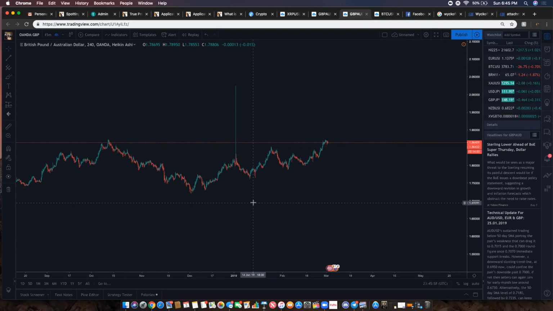And once you start identifying these zones, you're able to understand that if support is broken and retested, then it now becomes a resistance. Then we start understanding that if that supply area is broken and retested, then it now becomes a what? A demand zone.